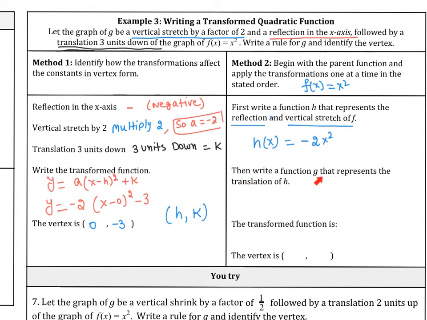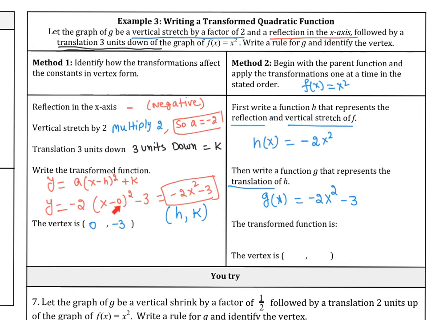Then you write a function g that represents a translation of h. The translation is 3 units down. So this is going to be negative 2x squared minus 3.